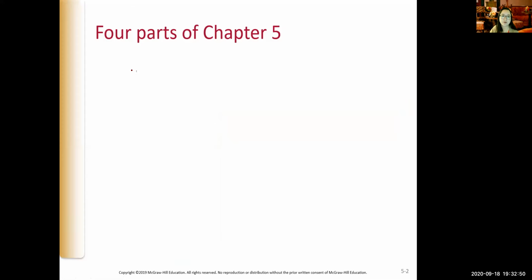So we said the first part is going to be credit sales. What are credit sales? In the second part, we're going to teach what receivables are. And the most important thing, how to record uncollectible receivables.